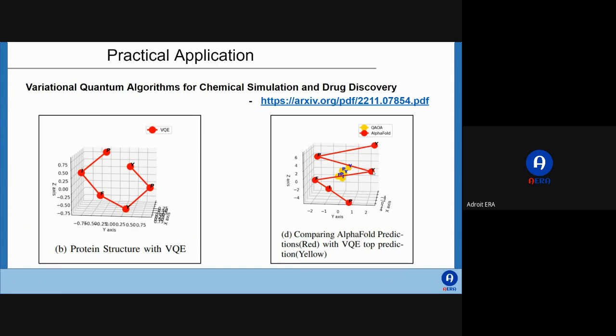But AlphaFold, using classical machine learning, AI and deep learning techniques, found the answer to be this. But when we compared that with our quantum result, it's nowhere comparable. So we conclude that we need a lot more qubits if we want to work on practical applications like this.